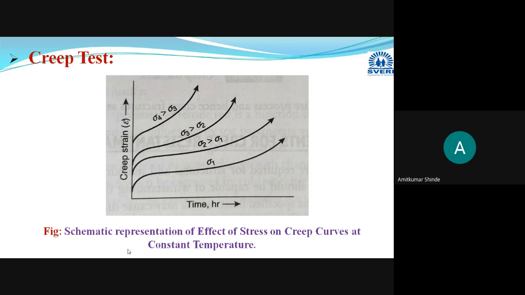We get the effect of different stress values on the creep curve, or on the deformation. The higher the stress, the more deformation you get within lesser time. When stress is more, deformation can be achieved in lesser time.